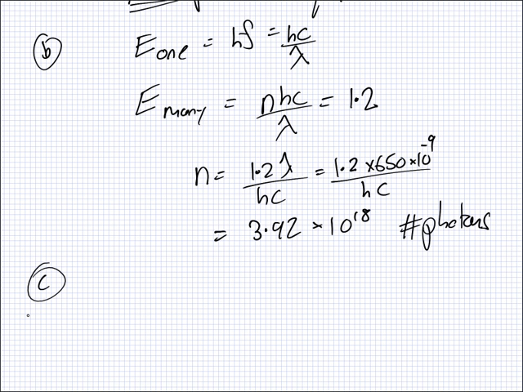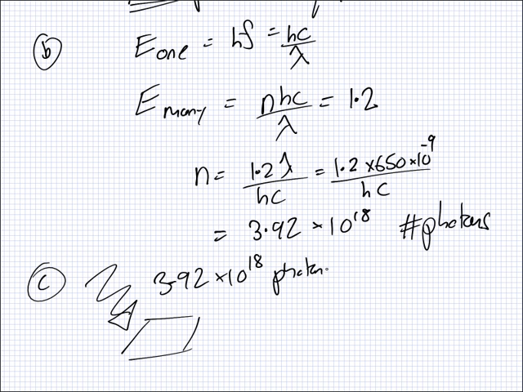C. How many electrons are freed per second? So in 1 second, 3.92 times 10 to the 18 photons hit the metal plate. So then how many electrons are freed?